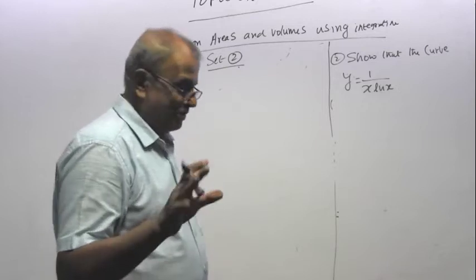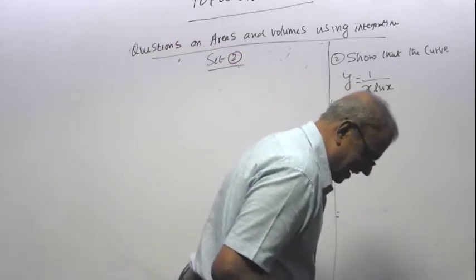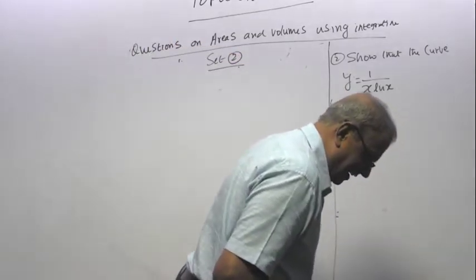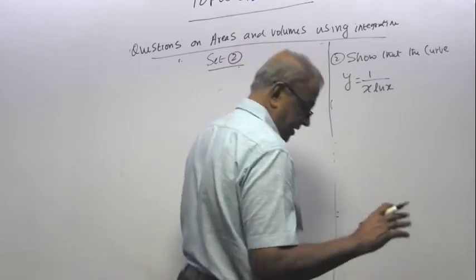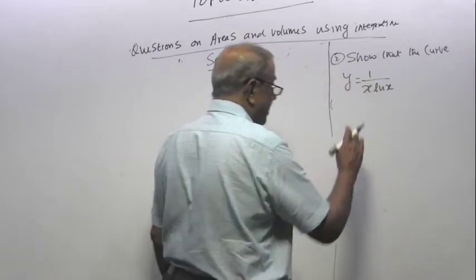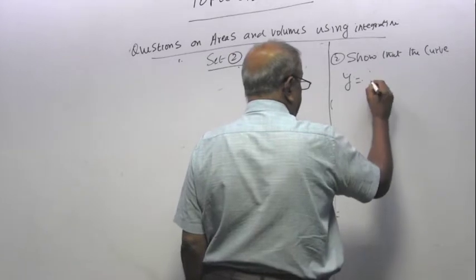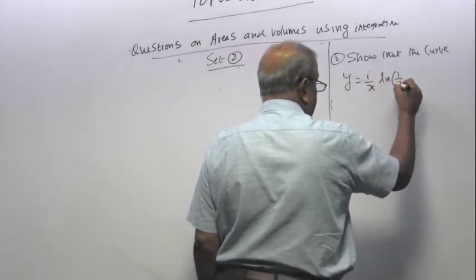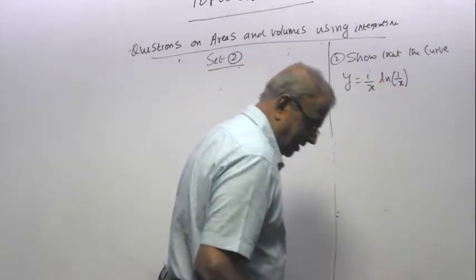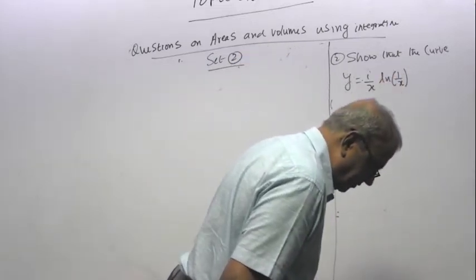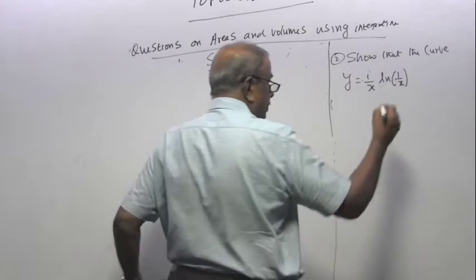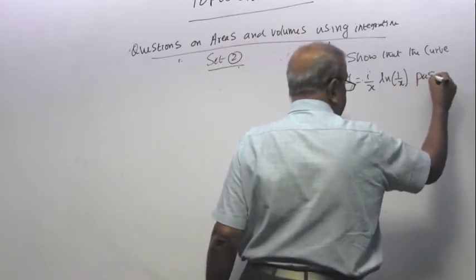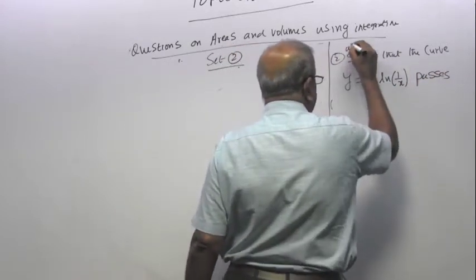Life already is going to become strange. 1 over x ln x. Oops, sorry. 1 over x ln 1 over x. Okay. Passes through 1, 0. That's part A.